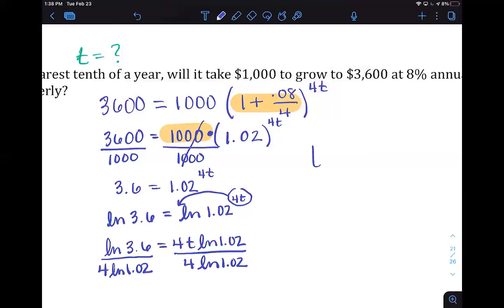So t equals the natural log of 3.6 divided by 4 times the natural log of 1.02. And then plug it in your calculator.